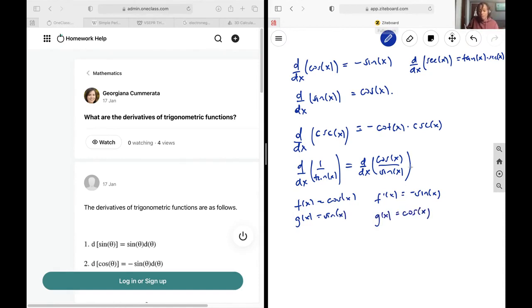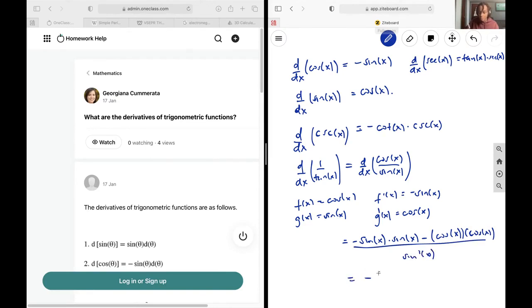So once we put that all back into our quotient rule formula, we will get, let me write it down here, negative sine x multiplied by sine x minus cos x, this is g prime, multiplied by cos x, and this is all going to be over sine squared x.